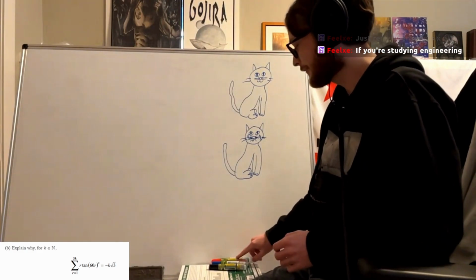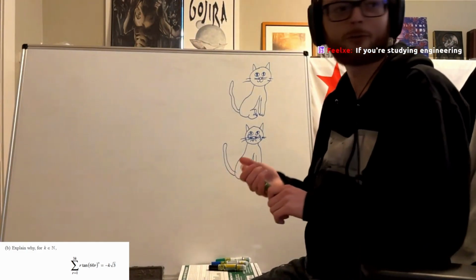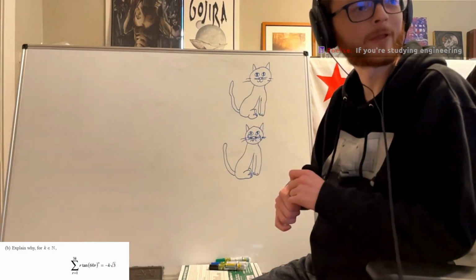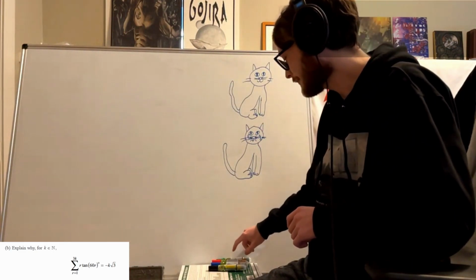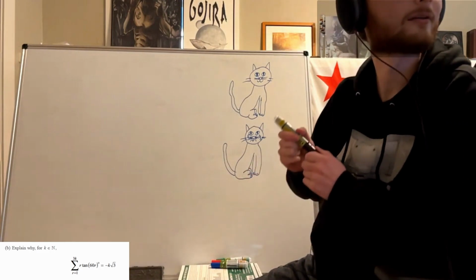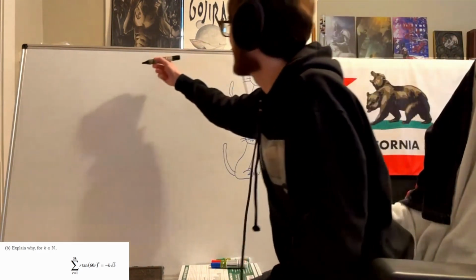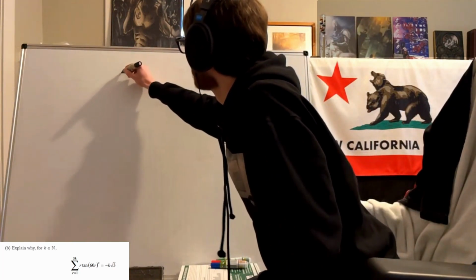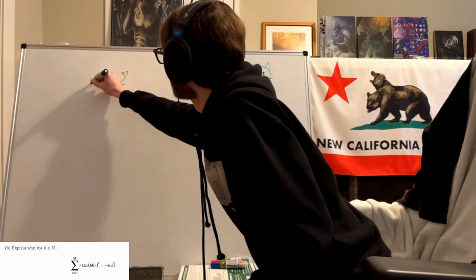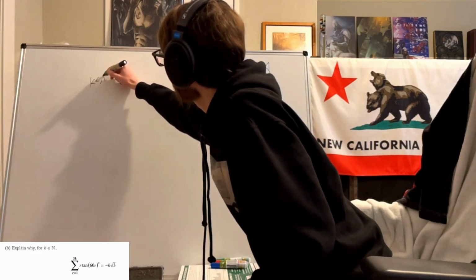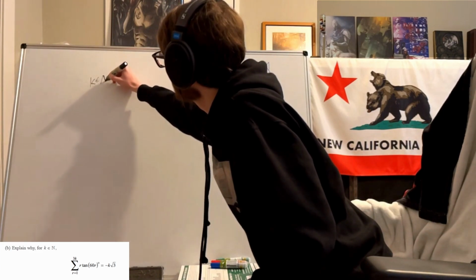So let's go through and compute some example values. Let's do red. I never use red. Actually, no, I'm going to save red for the next problem that makes me angry. Let's just use black. Okay, so we have k belonging to, oh God, how do you make this shape?